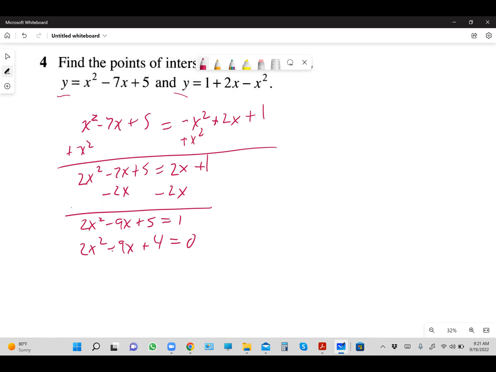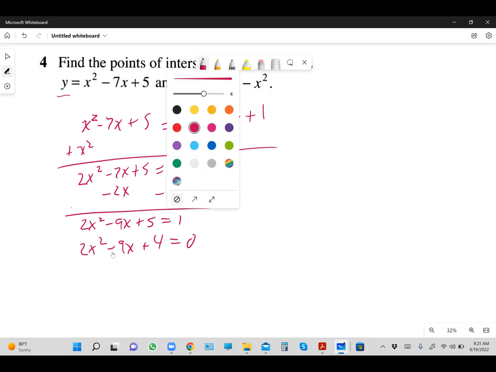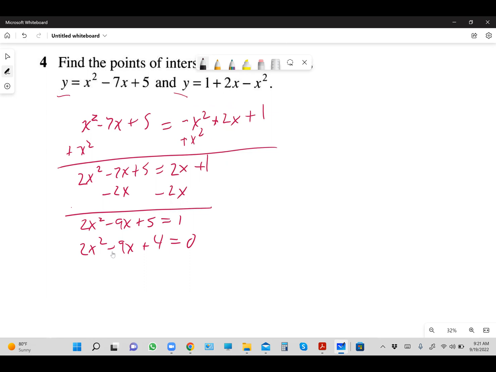Okay, so this is the way I remember factoring. So what's 2 times 4? 8. And then we go. We gotta get a -9, right? So we'll -1 and -8 work.